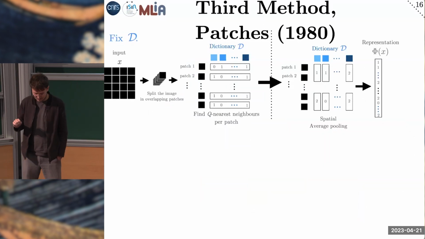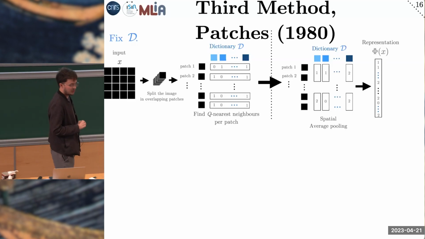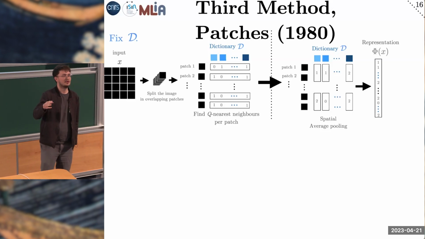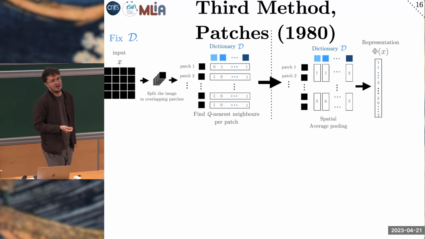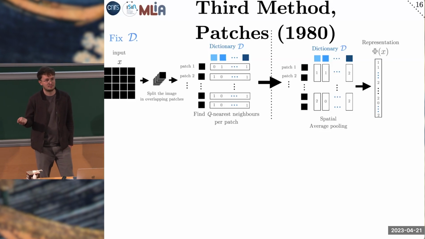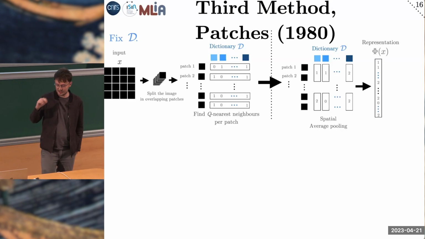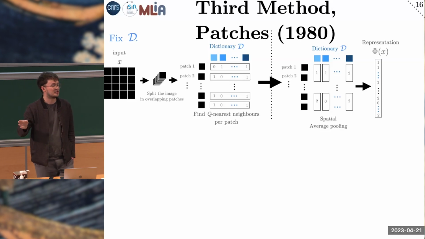So I'm going to describe the pipeline there, which is fairly simple. You get an input image, you decompose your image into its overlapping patches, right? So it's pretty redundant. Assume that you have stored somewhere some dictionary, obtained from some random patches, and then for a given patch, assign its Q nearest neighbors.